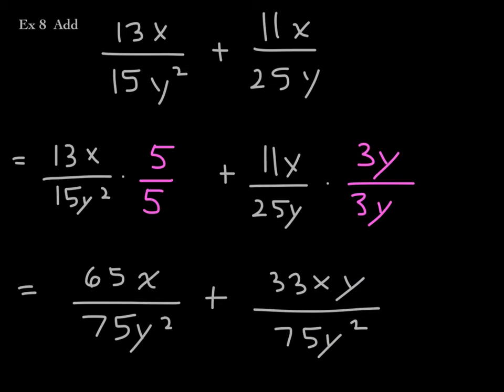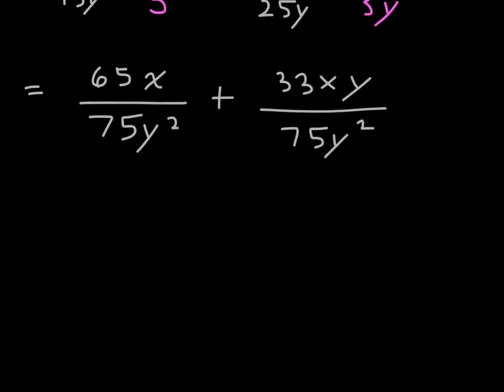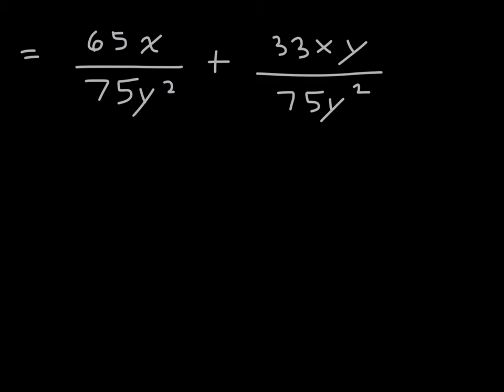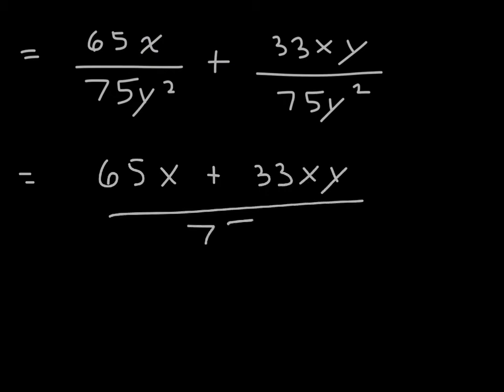What you just did is you rewrote both of these fractions as equivalent fractions that have the same denominator. Now that they have the same denominator, now you can add. So this numerator plus this one over the same denominator. All right, everybody? And at this point, you're done.